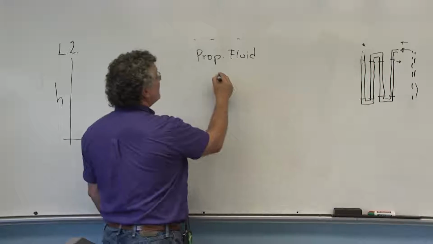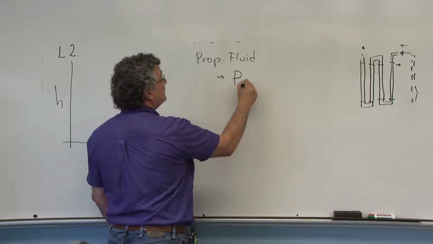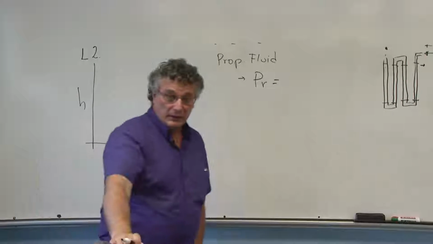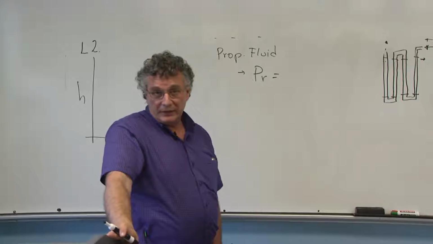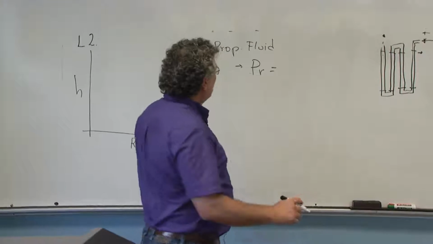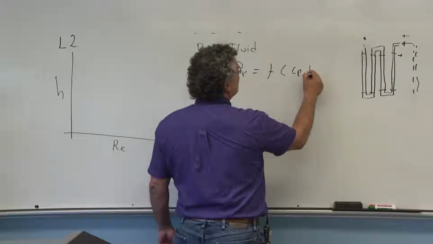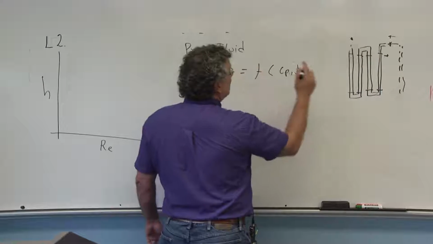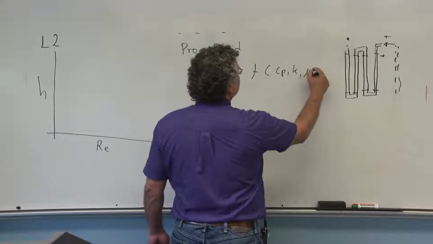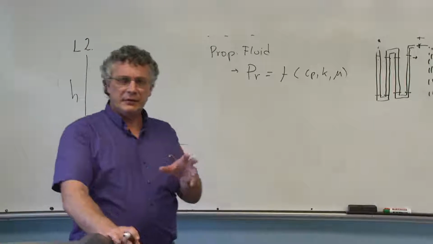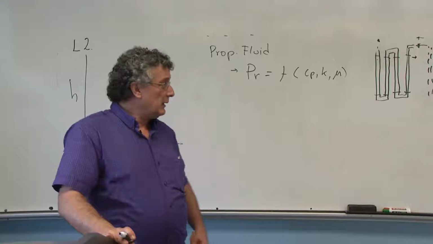are summarized in the Prandtl number, which is the ratio between the three characteristic properties of the fluid: the specific heat, the thermal conductivity, and the viscosity. These are three characteristic properties of the fluid.